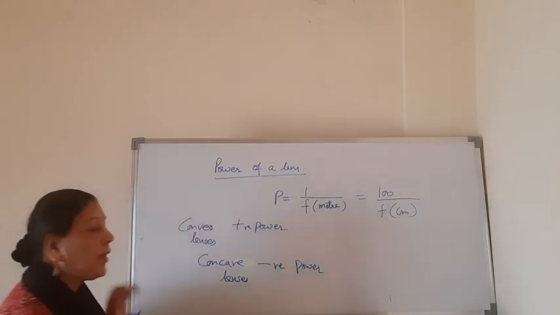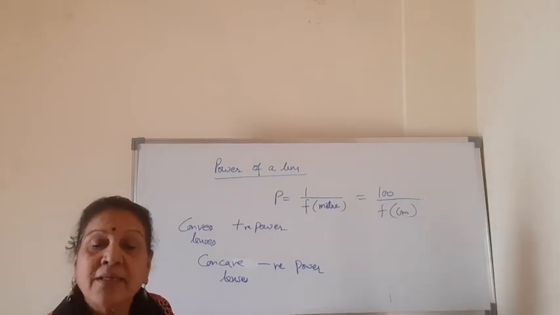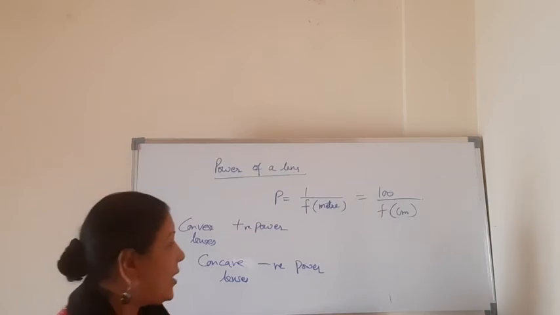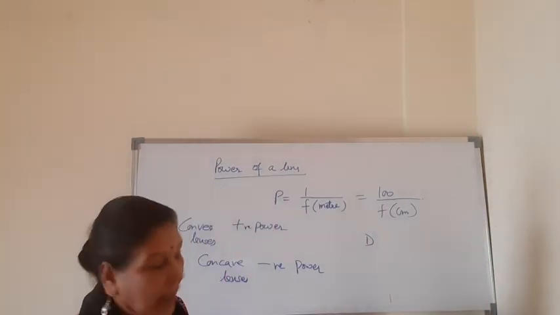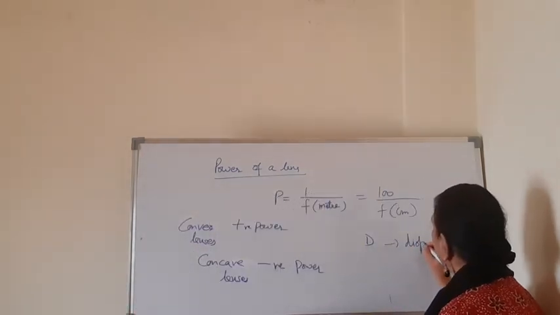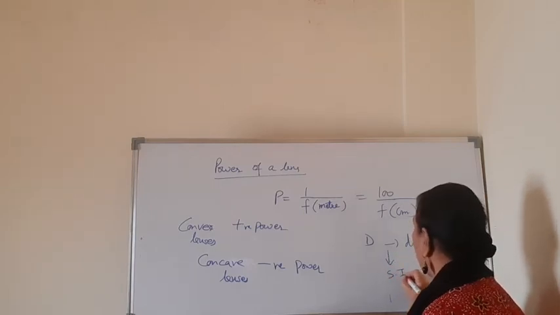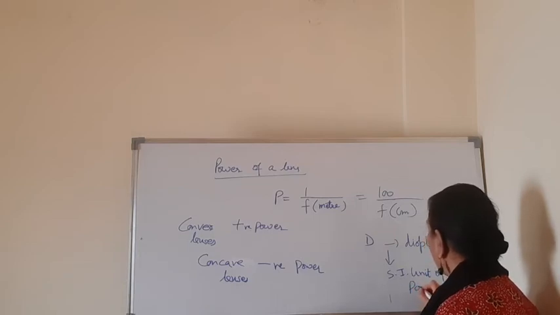So if I'm talking about someone using the specs of say plus 2D, D is the SI unit of power and it is diopter. This is the SI unit of power of lenses.